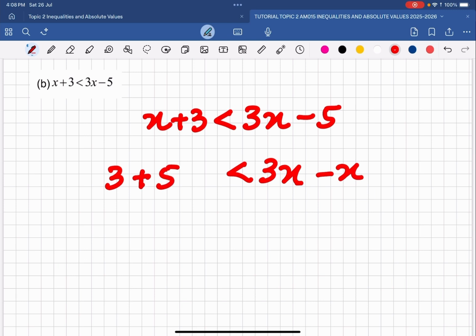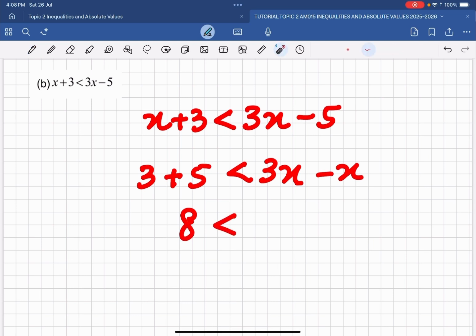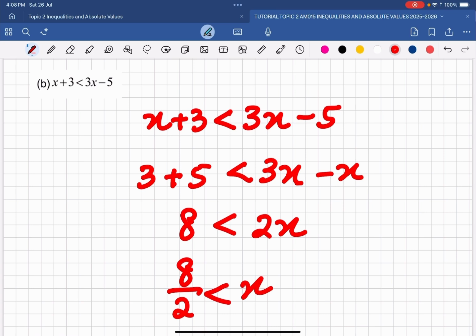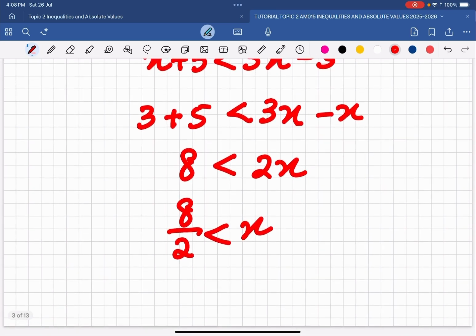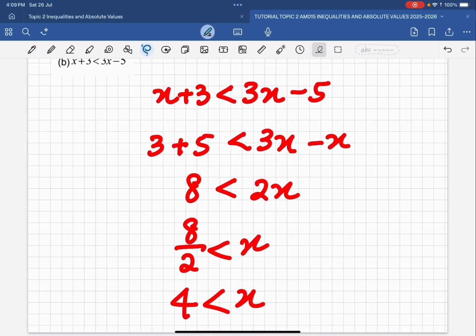Okay, so 3 plus 5 is 8, and 3x minus x is 2x. This is 2 times x, then we're going to divide 8 by 2. So 8 divided by 2 less than x, we're going to get 4 less than x, and we're not going to leave our answer where x is on the right.